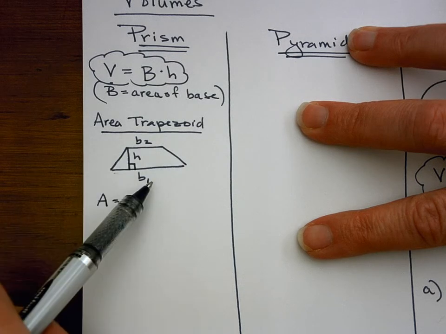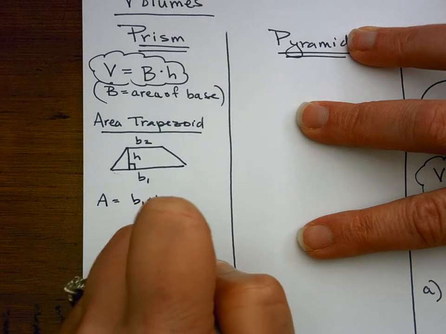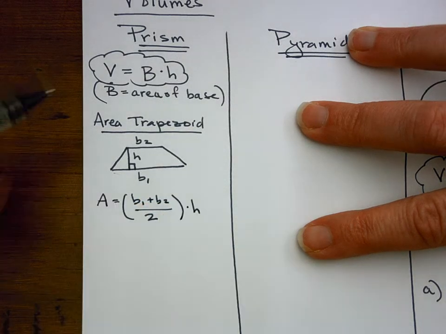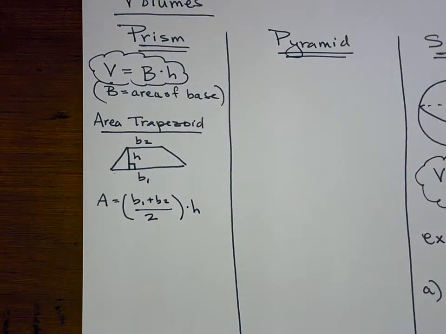So you want to find the mean between them. So you would add them up and divide by 2, and then multiply it by the perpendicular distance between them, which is also called the height. So that's the only area formula you may not know. The rest of them I'm expecting you to know, and if you don't, you can look on your Objective 0 worksheet and write down a few of them, okay?